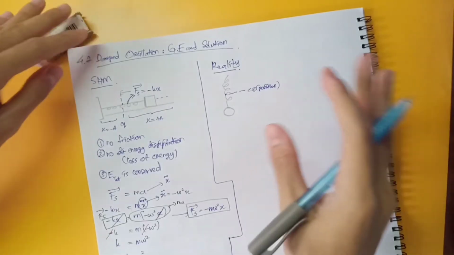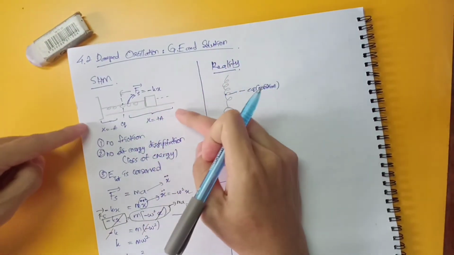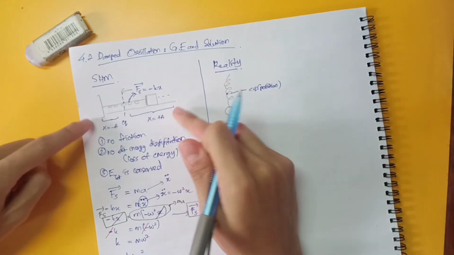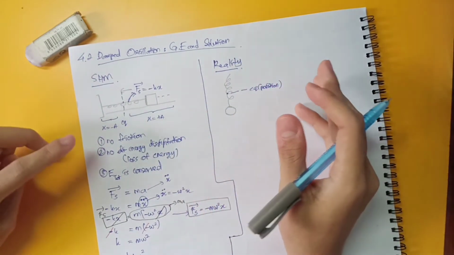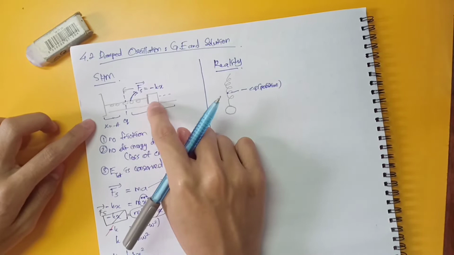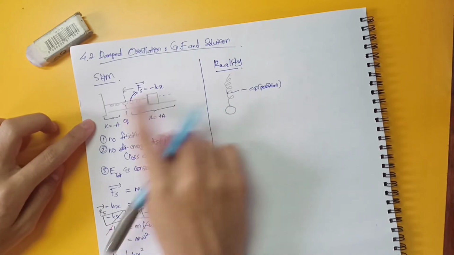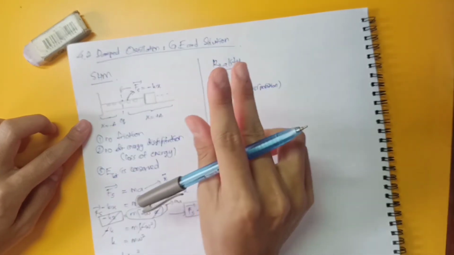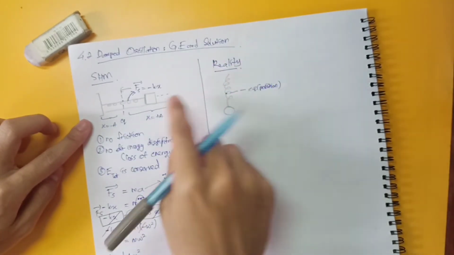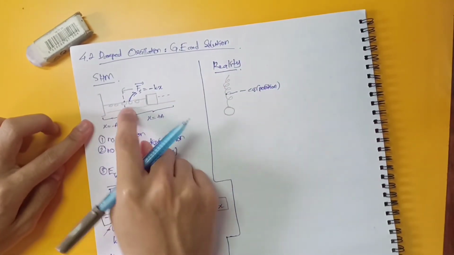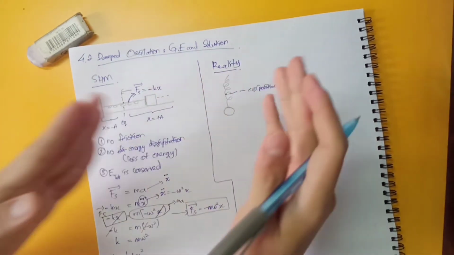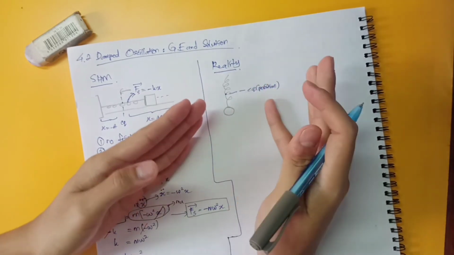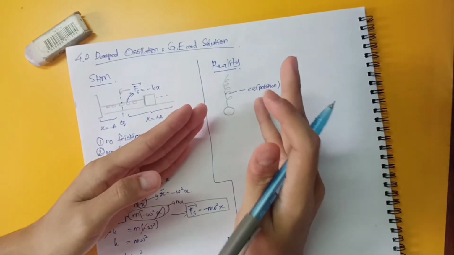We cannot see the ideal phenomenon in real life, because it is almost impossible. When this system starts to oscillate, it will eventually stop at a certain time. We don't know how long it oscillates before it stops. This is what happens when the system is oscillating.